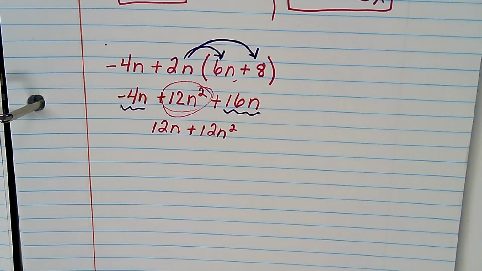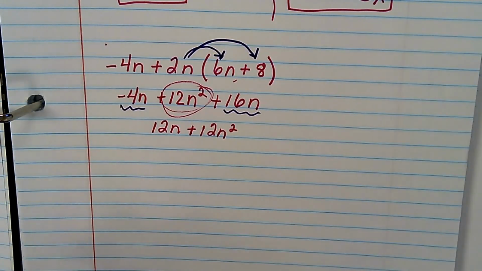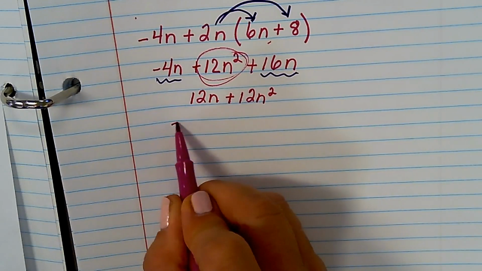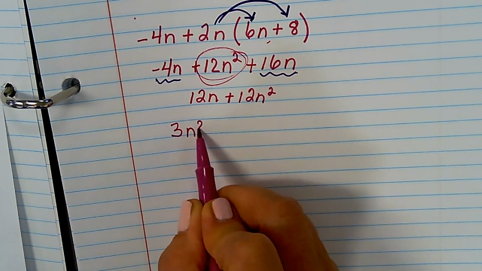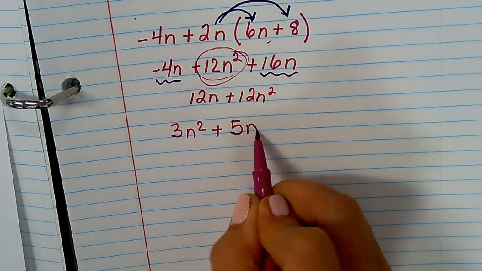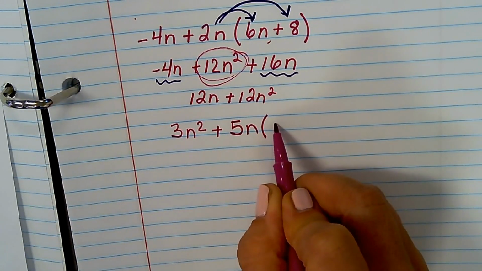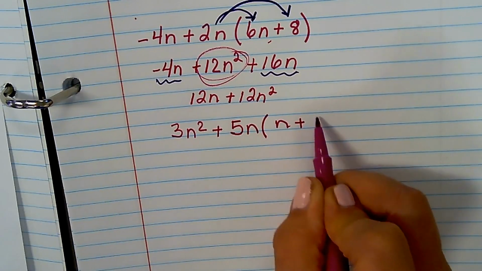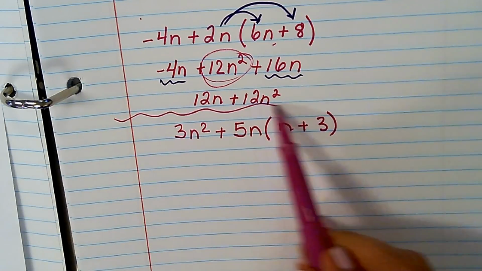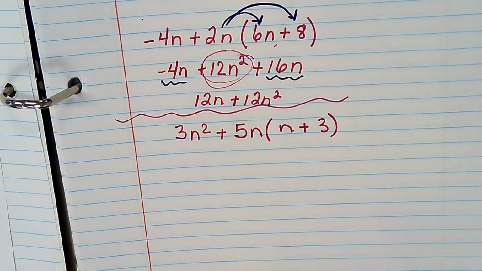So let me give you one to do. Let's do 3n squared plus 5n times n plus 3. Make sure you do your distribution first.